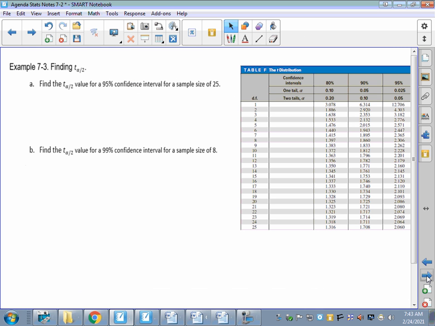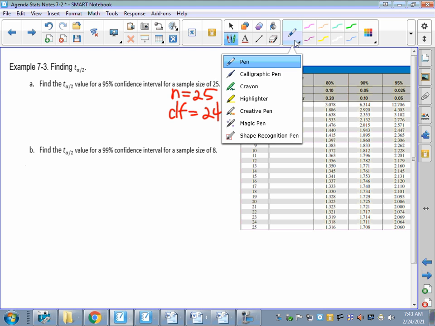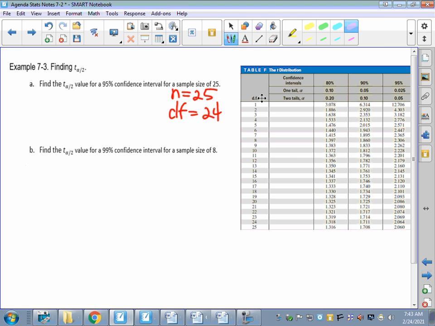So let's do a quick example. Find the t of alpha over 2 for a 95% confidence interval. The sample size is 25. So if my sample size is 25, my degrees of freedom is equal to 24, right? It's always subtract 1. So I'm going to go over here. These numbers are hard for me to see.